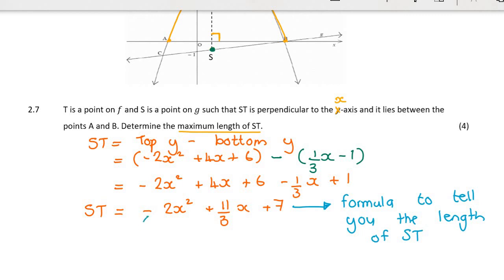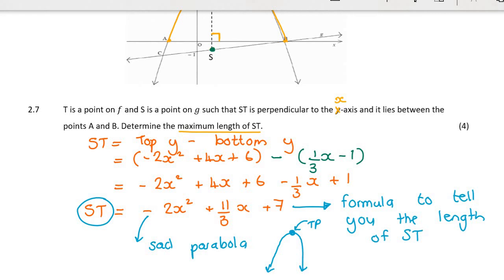Now, even more than that, it would be a sad parabola. And so the length of ST definitely has a maximum length. This parabola that I've just drawn represents the fact that ST is a quadratic function, and therefore if you graphed it, it would be a parabola. And every parabola has a turning point, and in this case it's a maximum because it's a sad parabola.